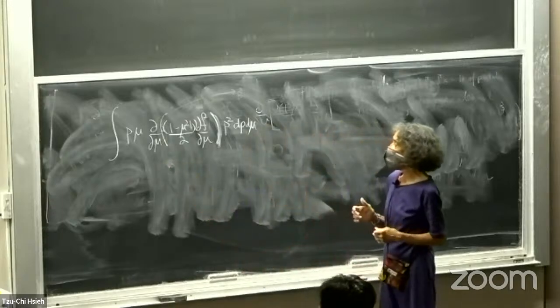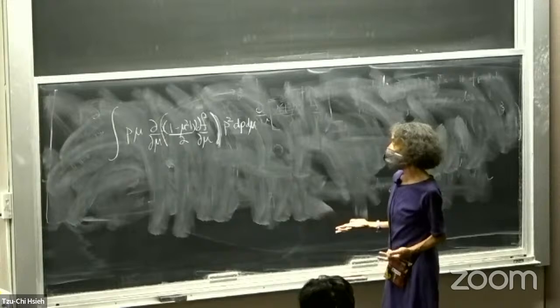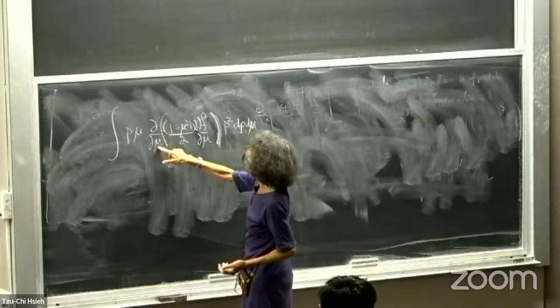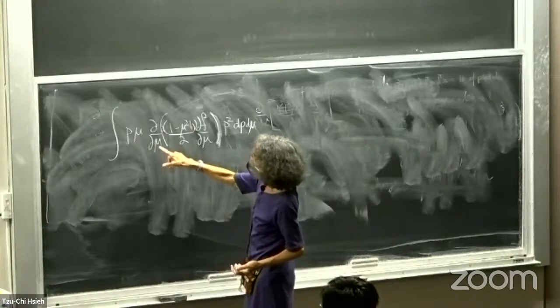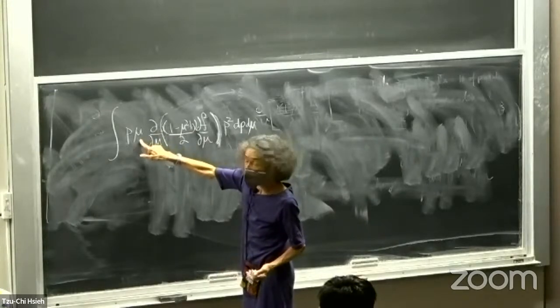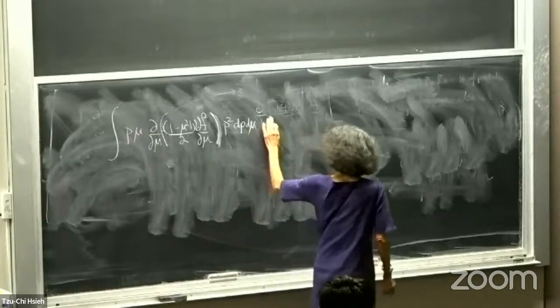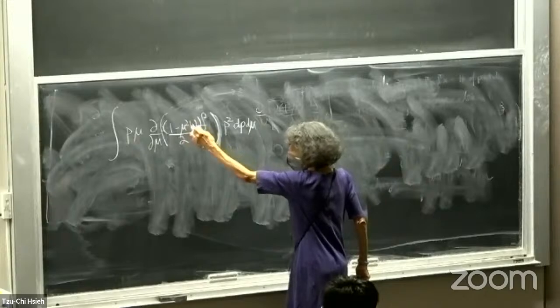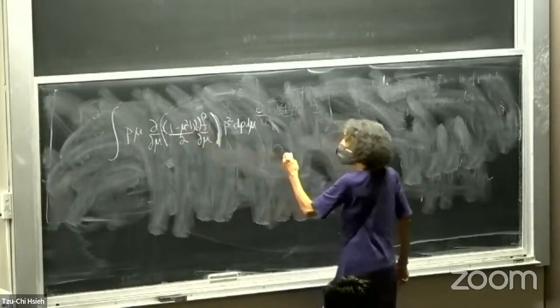Well, let's begin by integrating by parts in mu. So here we have this d by d mu, and if we integrate by parts, we'll have d by d mu of mu, which is fairly easy. The surface terms vanish because the upper and lower limits are plus and minus 1.